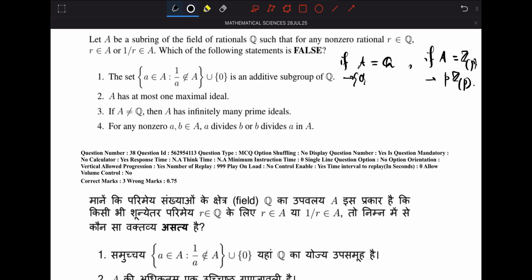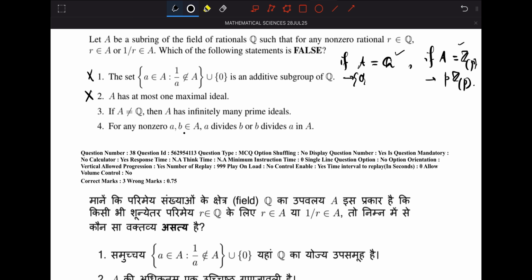Yeah, so in both cases these are additive subgroups, so this is true, so we will not take this. A has at most one maximal ideal. This is true for these two possibilities, so we will not take this.